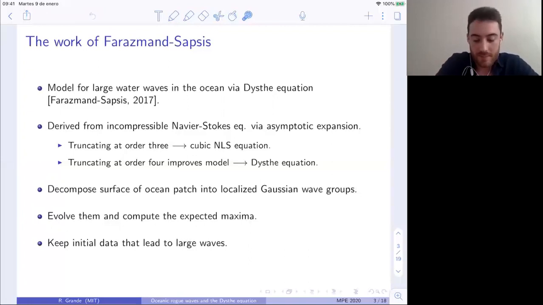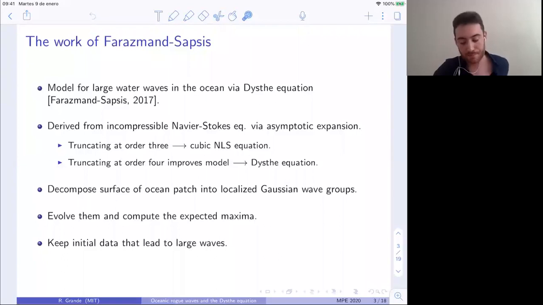We just do an asymptotic expansion of this dispersion, and you can truncate it to approximate the system. If you truncate it at order 3, you end up with a cubic nonlinear Schrödinger equation, which is what I mentioned before. But they found that if you continue this expansion to order 4, then you can improve the model. This is what leads to the Dysthe equation that I will present in the next slide.